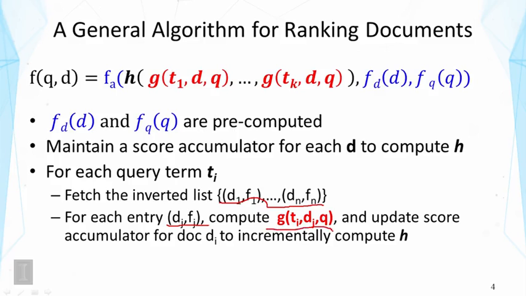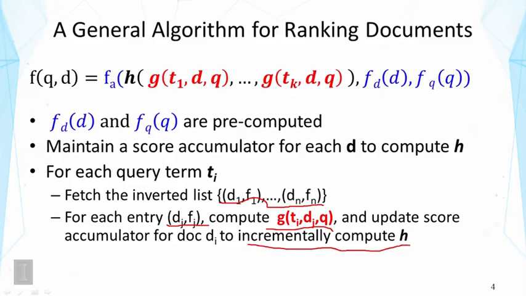That would give us something like a TF-IDF weight of this term. So we'll compute the weight contribution of matching this query term in this document. And then we're going to update the score accumulator for this document. And this would allow us to add this to an accumulator that would incrementally compute the function h.